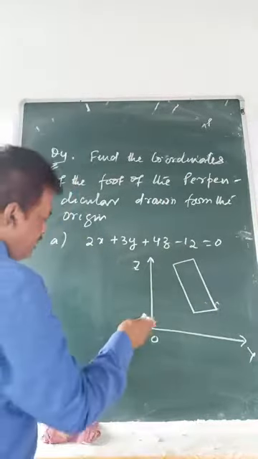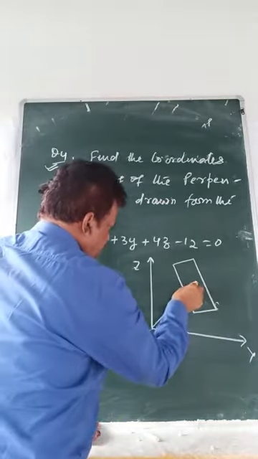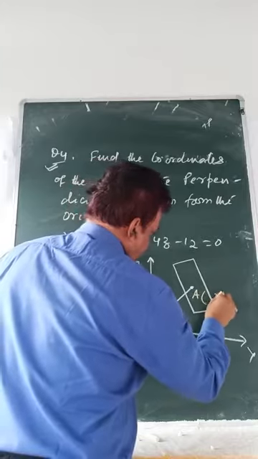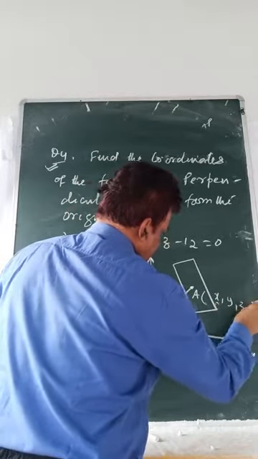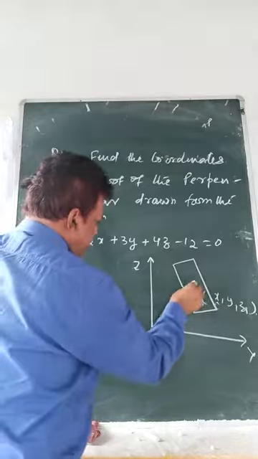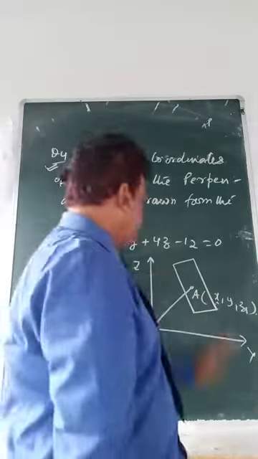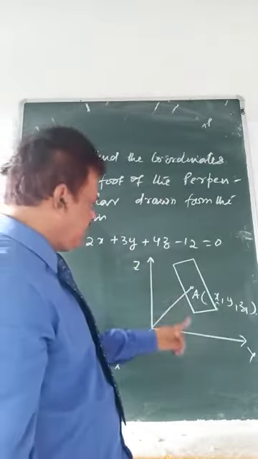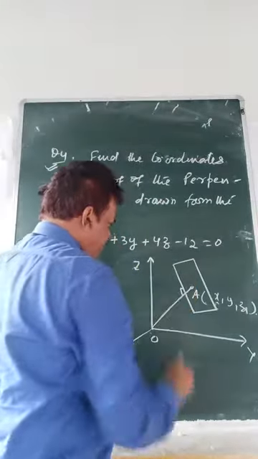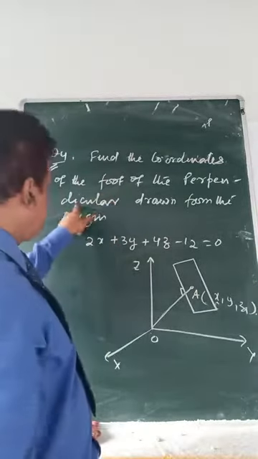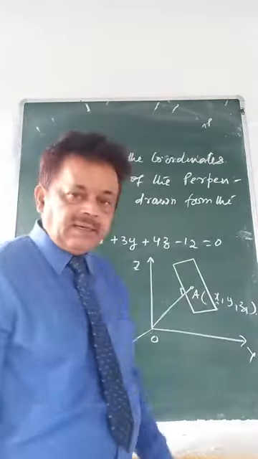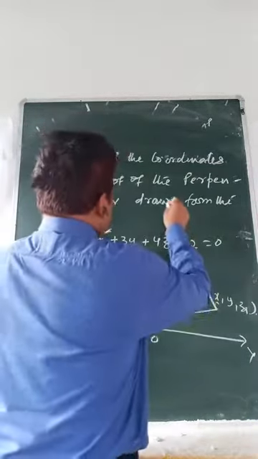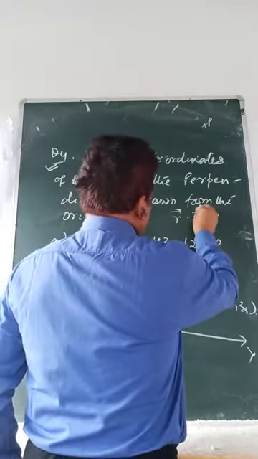That means if I draw a perpendicular, this is the origin, and suppose this is point A whose coordinates are x1, y1, z1. This you want to find out. Now listen, every plane has a normal. Remember this is 90 degrees here. The plane is r dot n equals d.